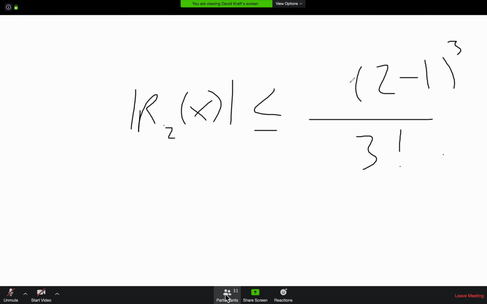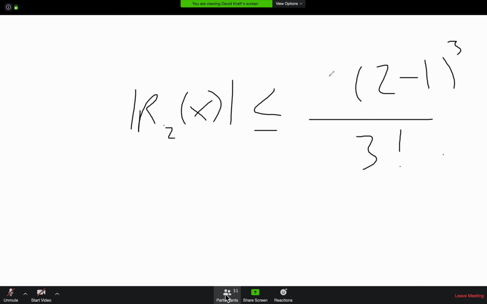Every one of these things, the Taylor polynomials, Taylor series, and the stuff that we deal with error: derivative, power, factorial, all of them. So right here has to go the maximum value of the third derivative.